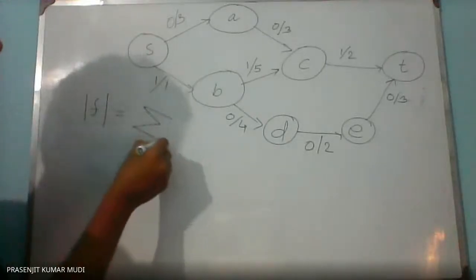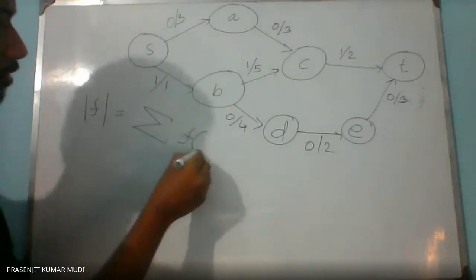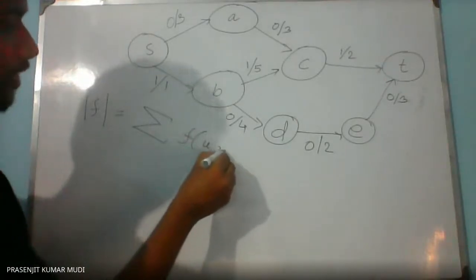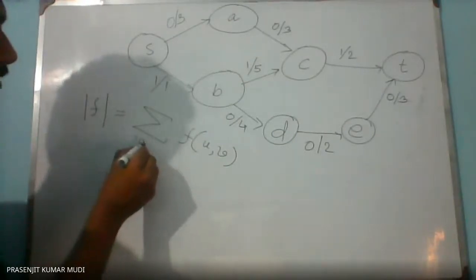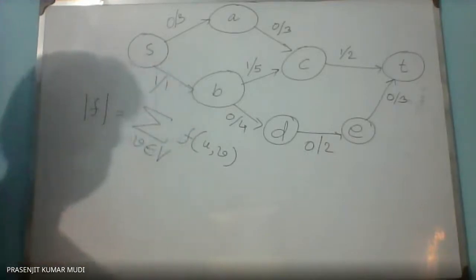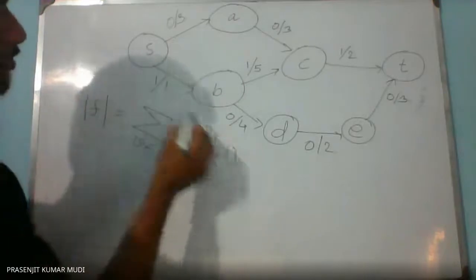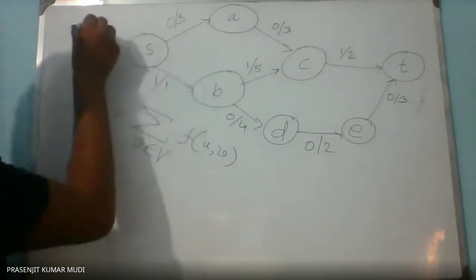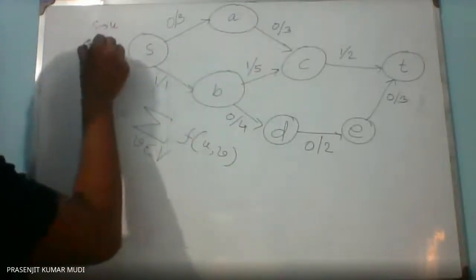As per the definition, it is the summation of all f(u, v) for all v belongs to V. In this case S is the u, and we may have several vertices v.